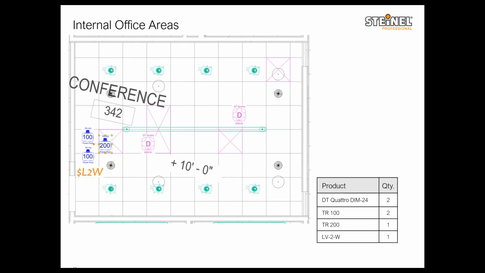Now, if we look at our first solution here. This is a conference room, and here I've put 2 DT Quattro DIM-24 sensors to provide proper coverage. As you can see, we have the linear track in the middle, and then we have the 8 fixtures on each side.